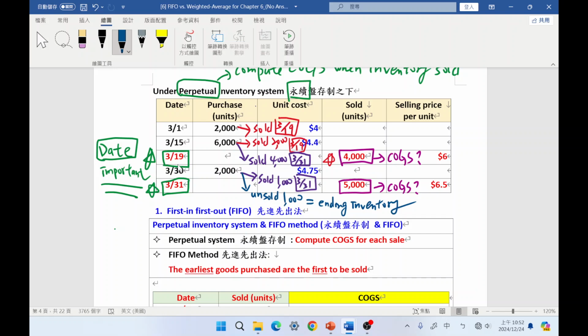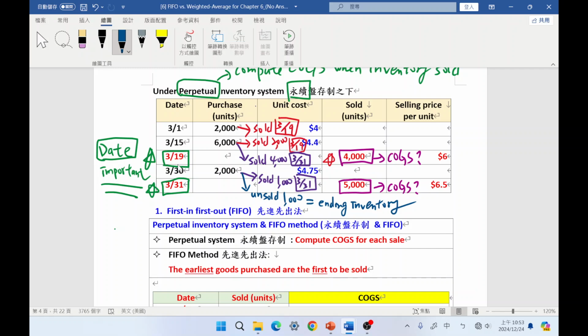The only difference is when you compute the number: on the sale date, or on the last day. But we sold the same inventory, so you will get the same answers when you compare page 7 and page 9 for FIFO.